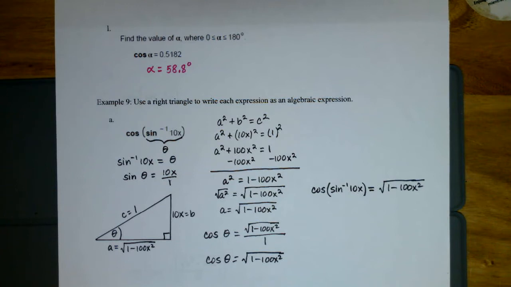So that's how we use the concept of that right triangle to come up with an algebraic expression for the cosine of the inverse sine of 10x.